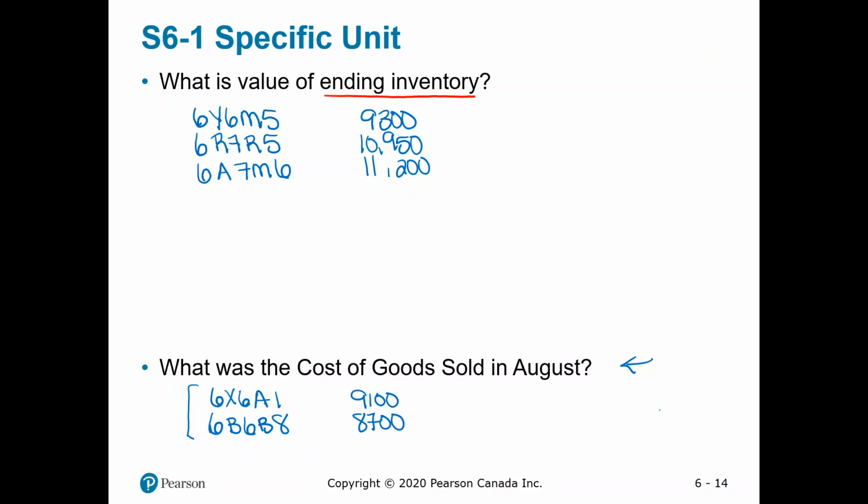Now that we know what's left in ending inventory, we can figure out the value. We're just going to add these 3 items up. Give you a second to try that out. You should get to $31,450 as our ending inventory value.